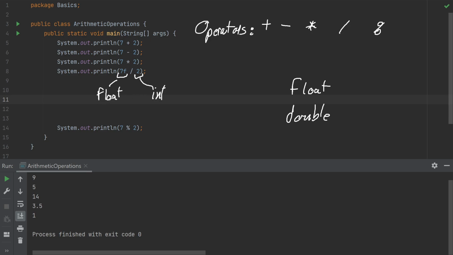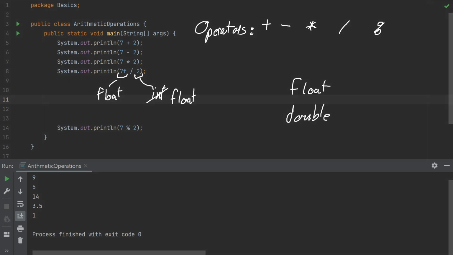And remember that we can't go downwards. We can't make something bigger into something smaller. So what we have to do is convert both sides. It will do it implicitly. It will convert this int into a float so that it could do this operation. So if a float is dividing a float, your end result is going to be a float.